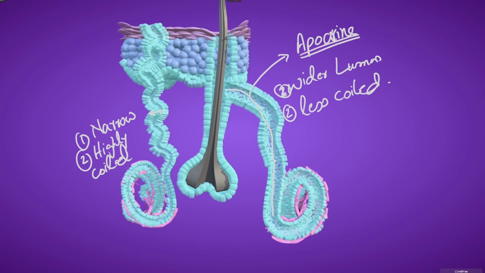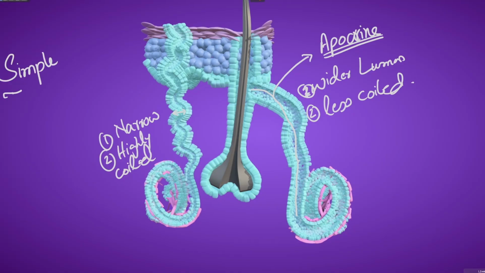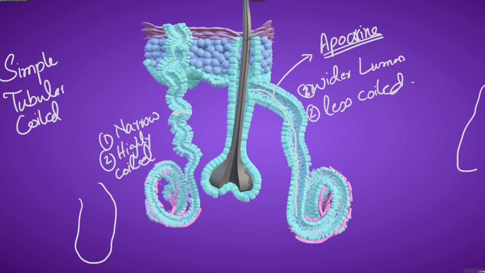Now both of these glands are simple tubular, and by tubular I mean this tubular shape. They have this tubular shape, simple tubular coiled gland. Other glands may have an acinar-like shape, or a bigger one, the alveolar shape, right?